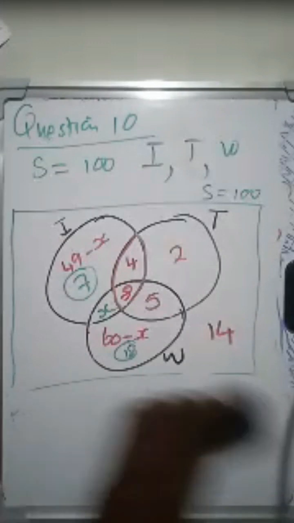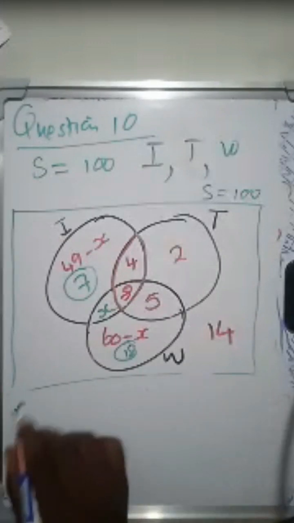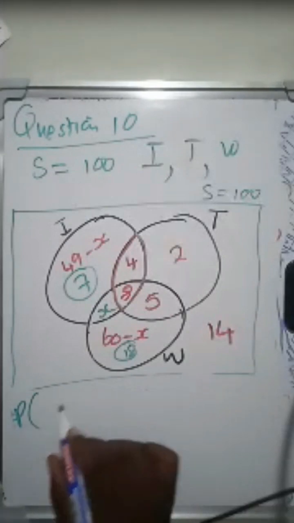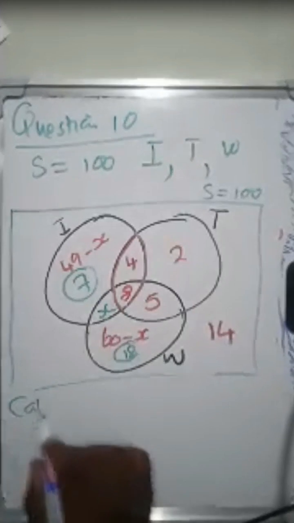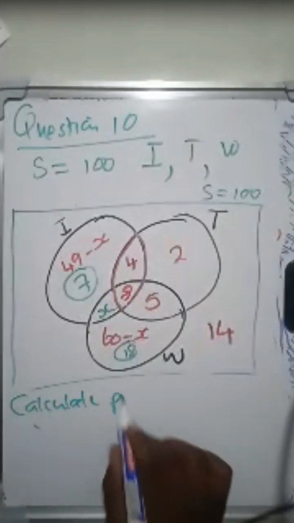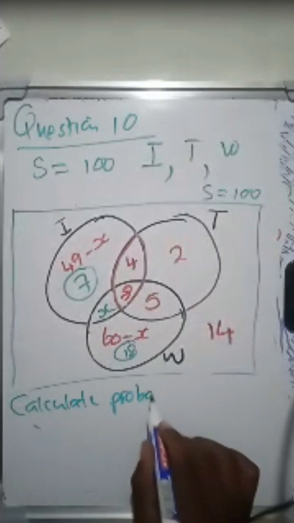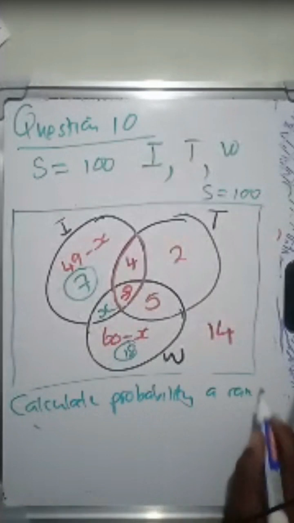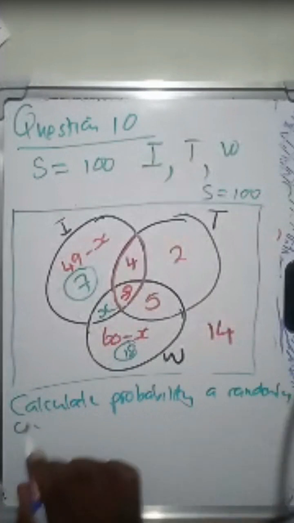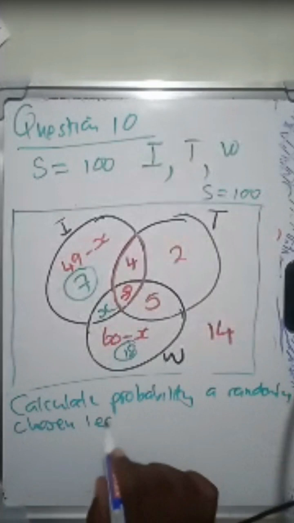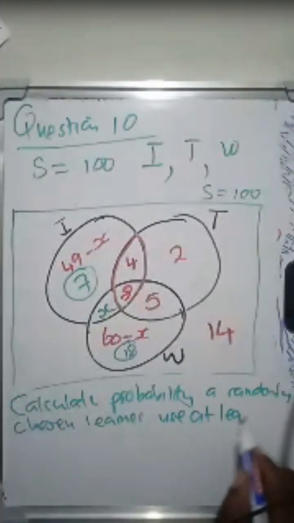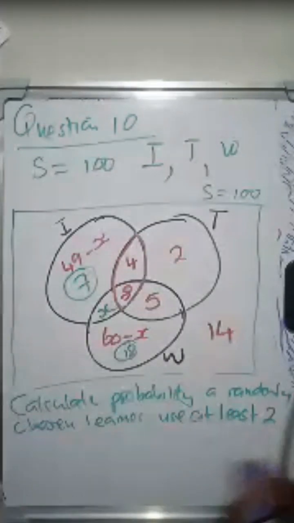Let's move on to the next. Calculate the probability that a randomly chosen learner uses at least, sorry, at least 2.